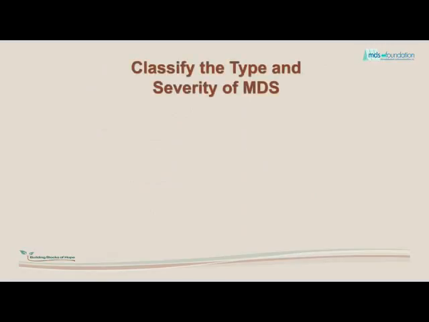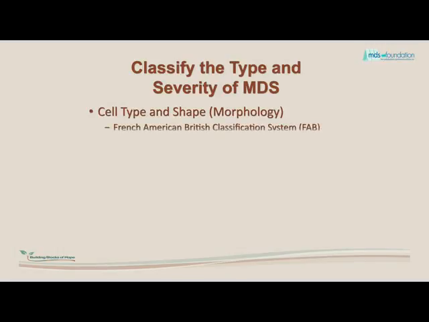We classify the type of MDS and the severity of disease based upon two classification systems. One is the morphology, or the appearance of the cells under the microscope. These include two systems, the French-American-British Classification System, or FAB, and the World Health Organization, or WHO Classification System.